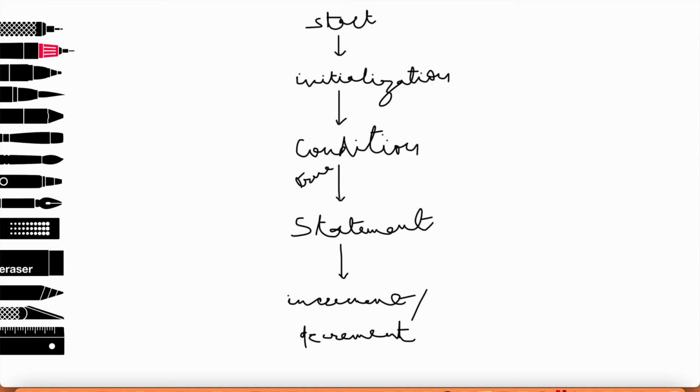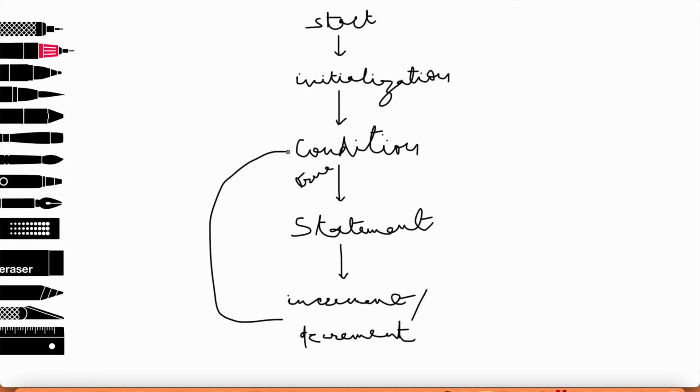Then in curly braces the statement will be executed when the condition is true. After that we need to pass the value, suppose increment. Then we need to pass the value that is increment, and suppose we have to decrement, then we need to pass the value for decrement.